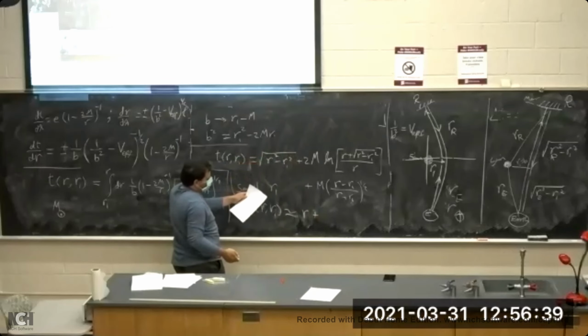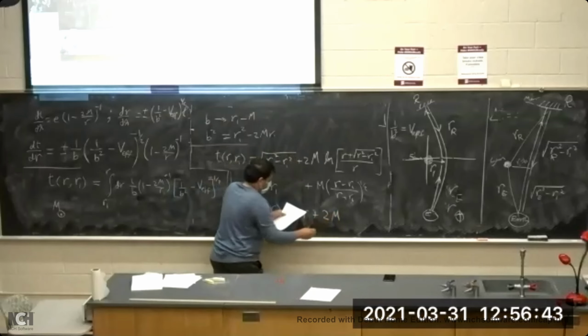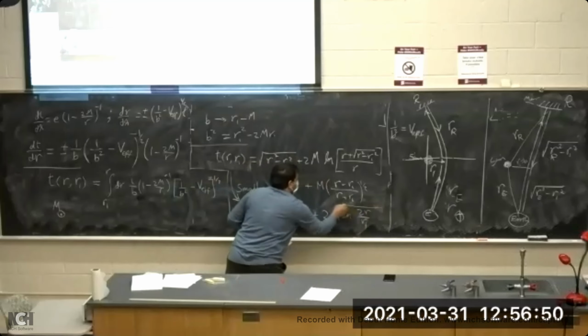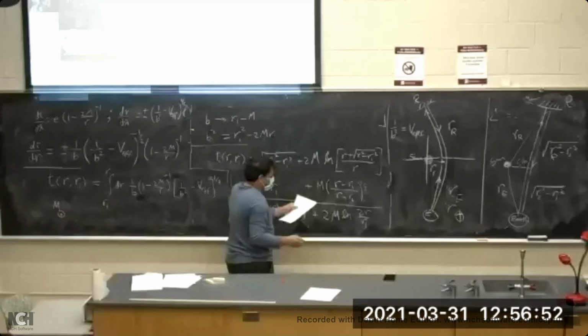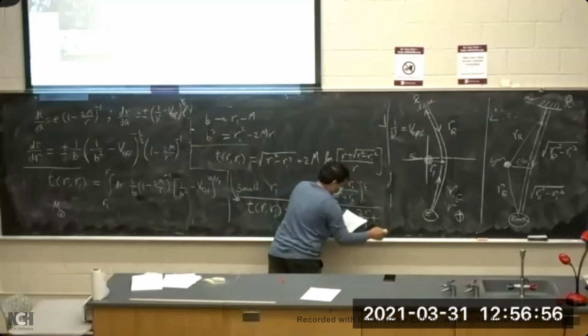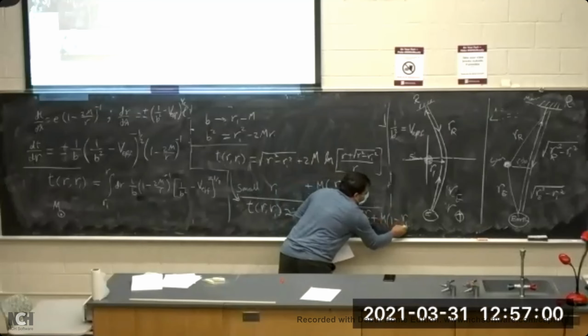It will be the square root of 1. Also, we have 2M ln of 2R over R1, plus M times (1 minus R1 over R).